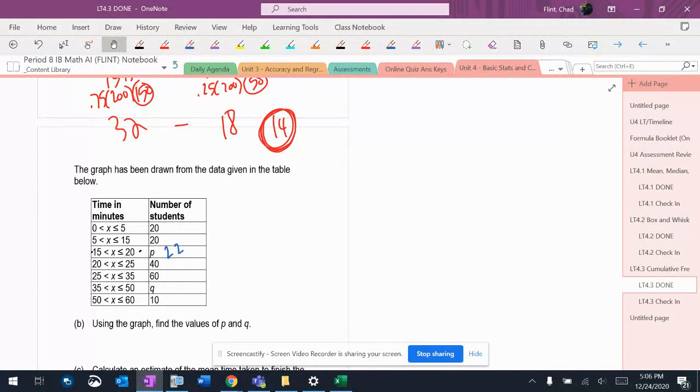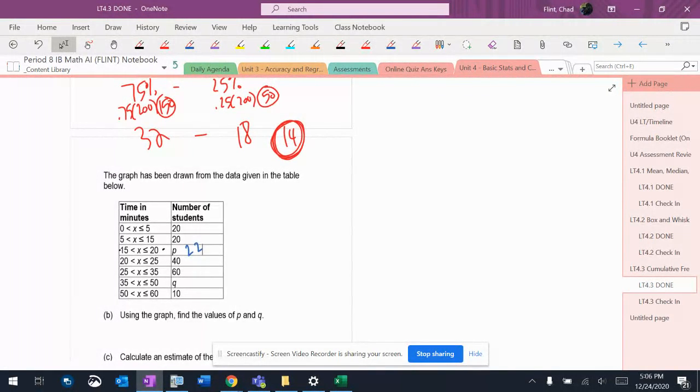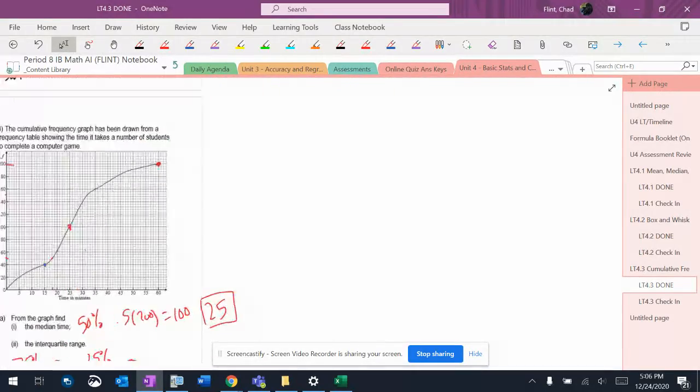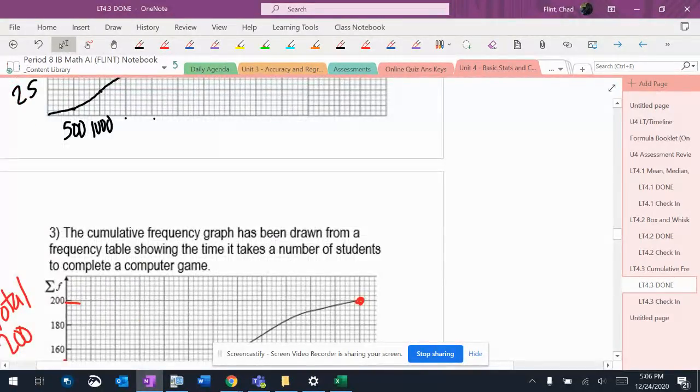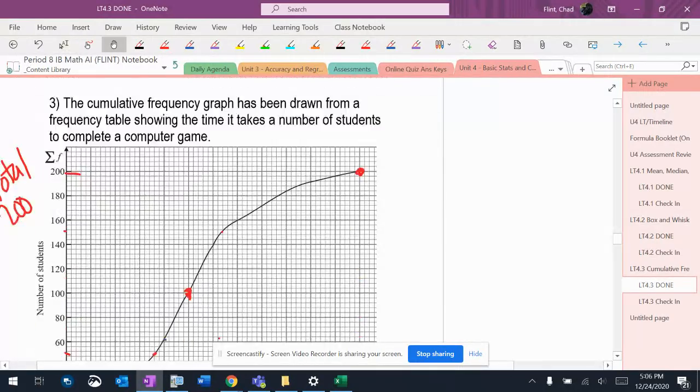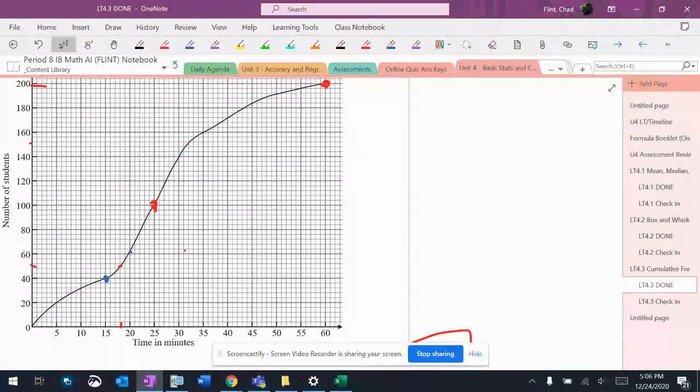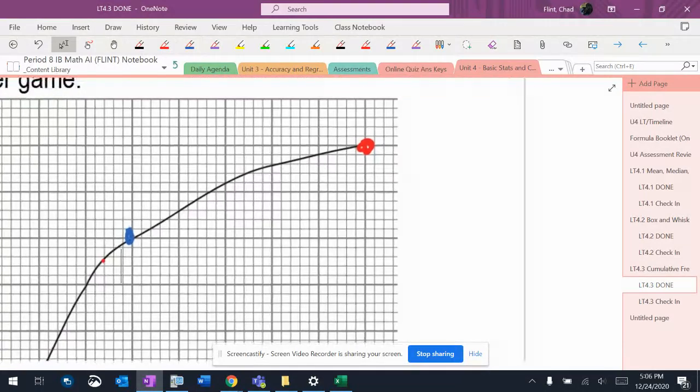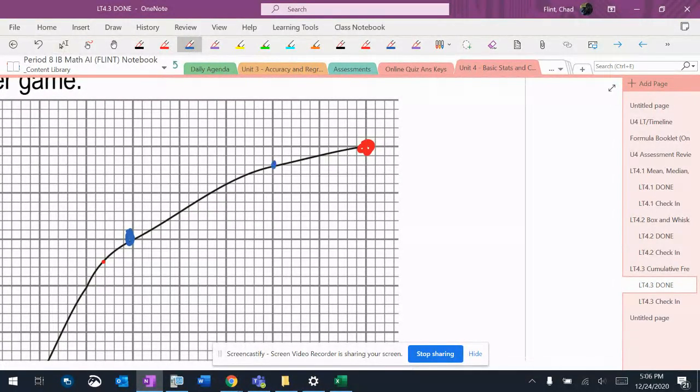And then Q looks like from 35 to 50. So 35 to 50. Jump all over the place here. So 35 is 160, and 50 is right there.